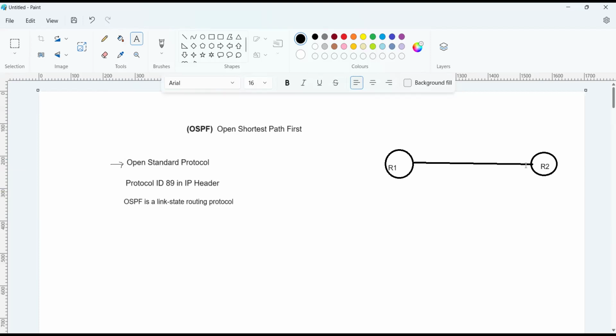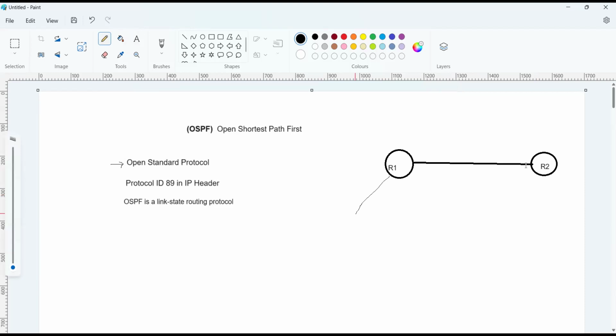If some prefixes, say 10 prefixes, went down, then topology changes occur in the R1 routing table.